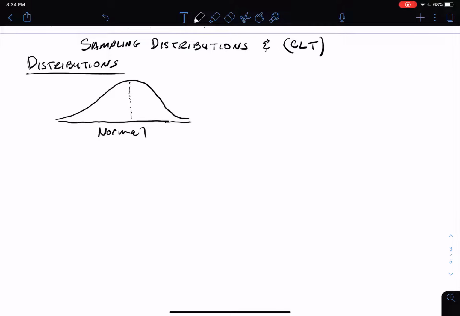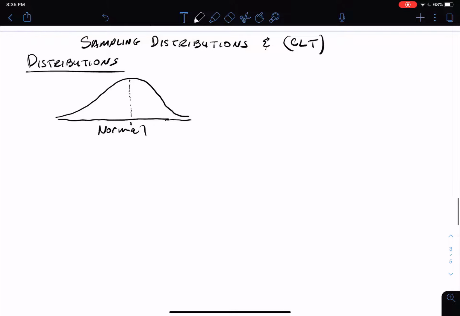And the normal distribution is great because it is symmetrical, and it can be converted into the standard normal, which means the mean, the median, and the mode are all at the same location, which allows us to use z-scores, which allows us to use the tables and get all this great information. So it's really a big deal if a population has a normal distribution.